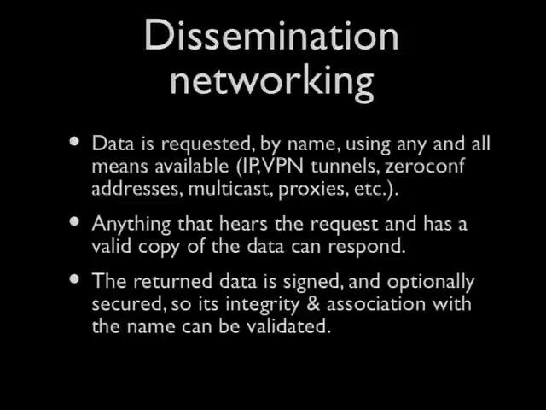Use them all. It's asking, does anybody know where this is? Pass this request out to the network, hope somebody can give you a reply. Anything that's got the data, view it as a broadcast in your request. If something's got the data, it can give it to you. If it's some kind of agent, like the equivalent of a router that kindly forwards your packets, instead it could go get the data for you and then give it to you.